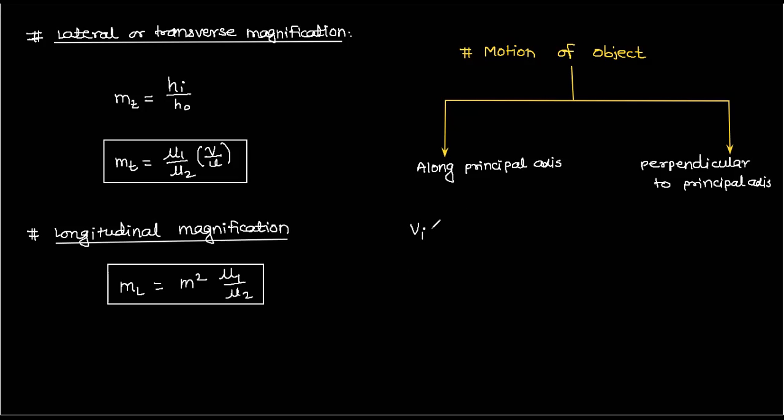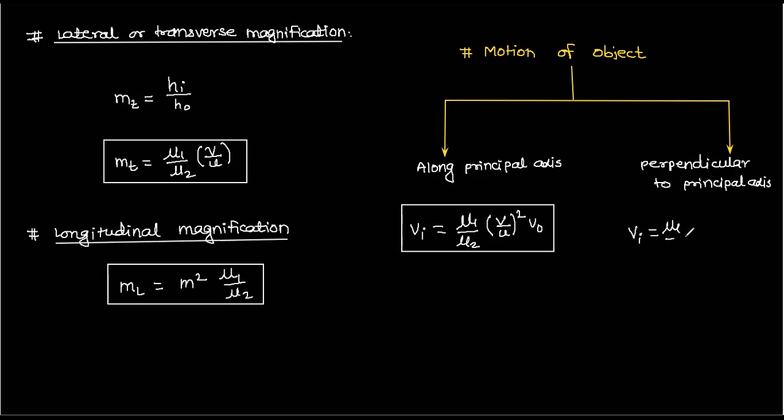These formulas are very important. vI is equal to mu1 by mu2 into (v by u) whole square into vO. In case of curved surfaces, keep it in mind. And if it is perpendicular to the principal axis, then vI, that is the velocity of image, is equal to mu1 by mu2 into v by u into vO. There is no square in this formula.